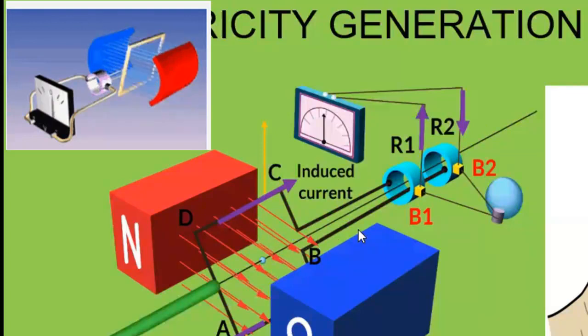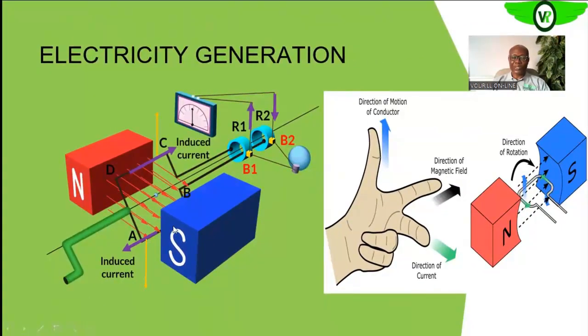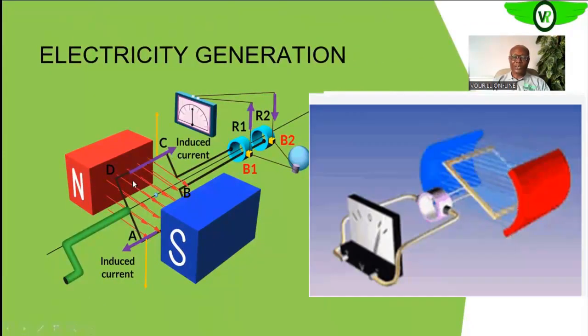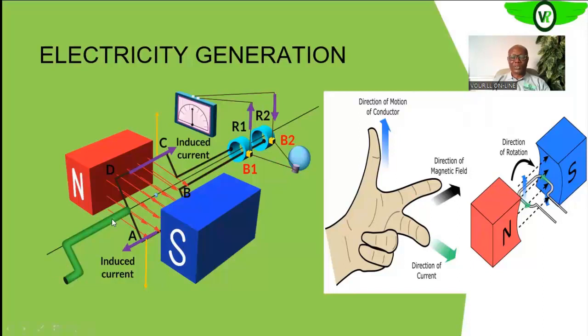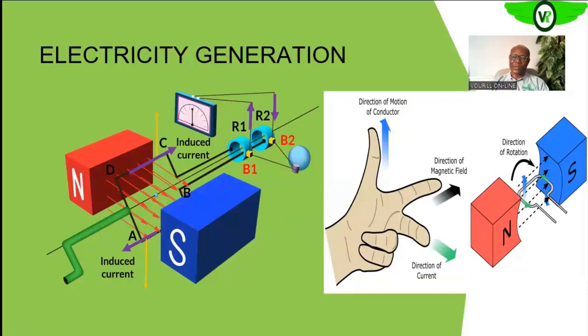Know that in generating electricity in your generator, three components are required: the magnetic field, which is this one running from north to south, the conductor, and the relative motion, which is manually provided by this cranking handle to turn. In our power station case, the rotating motion is provided by our prime mover, the diesel engine, the gas turbine, or the steam turbine, whatever prime mover you are using.